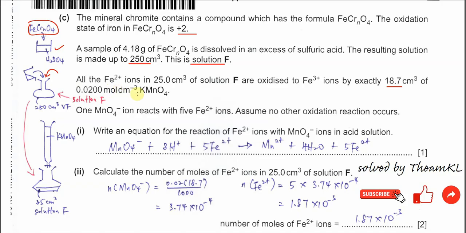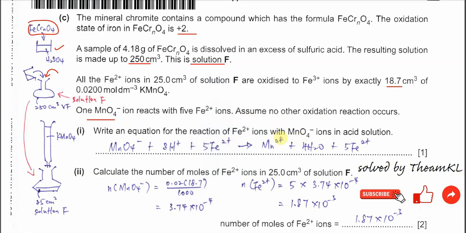Later we discuss that. 1 mole of this manganate ion, or this KMnO4, reacts with 5 iron 2 ions. Assume no other oxidation occurs. First part, write an equation for the reaction of the iron 2 and this manganese 7 ion.